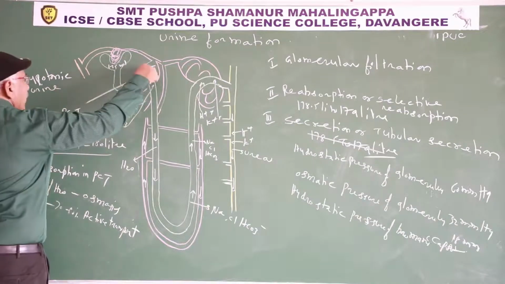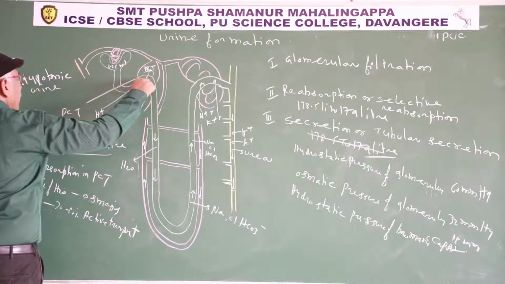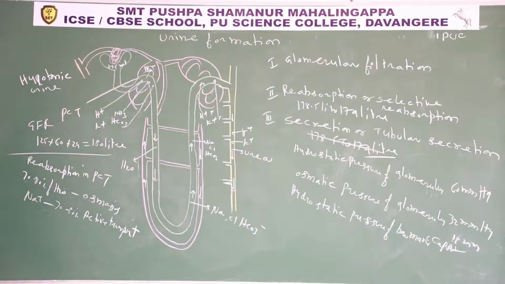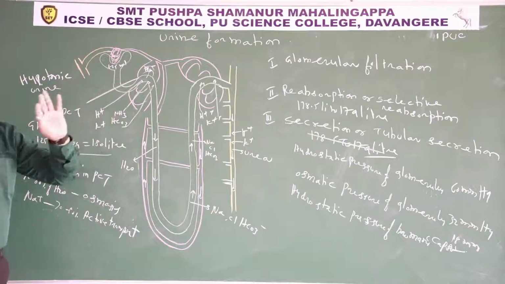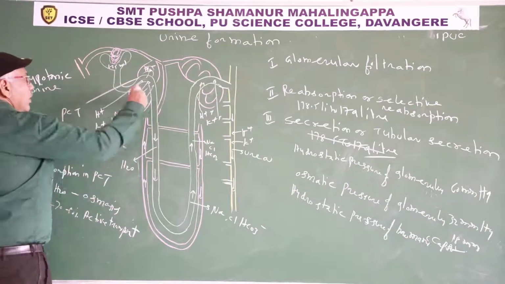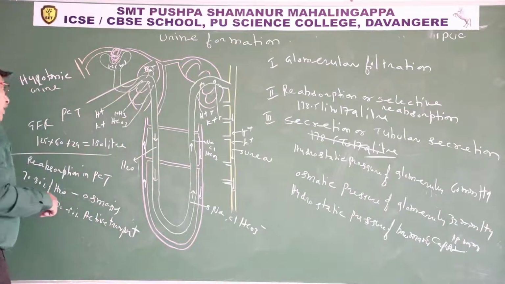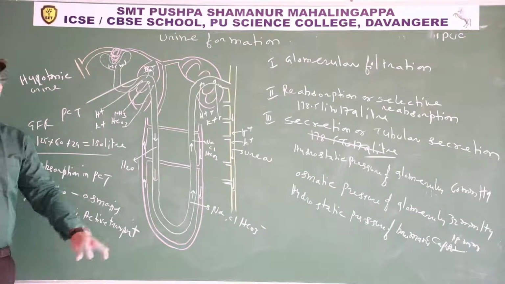Once again, reabsorption in PCT: 70 to 80% of sodium is reabsorbed into the peritubular network actively, 70 to 80% of chloride is reabsorbed passively, 70 to 80% of water is reabsorbed by osmosis passively.